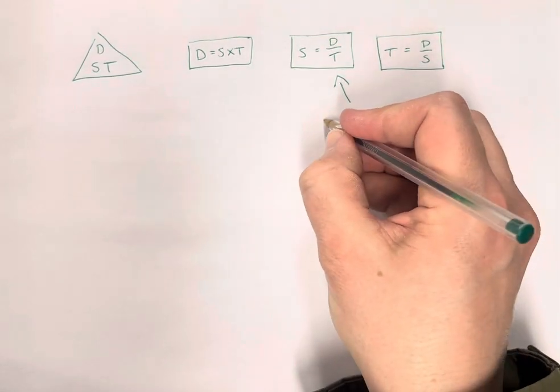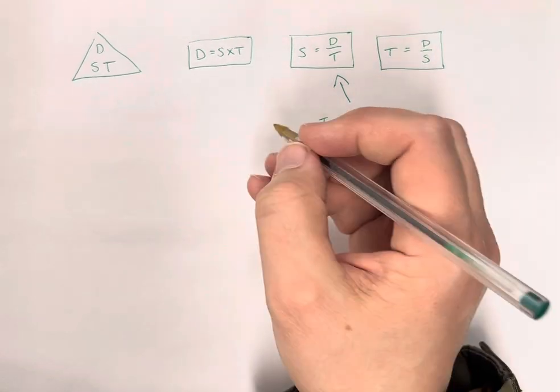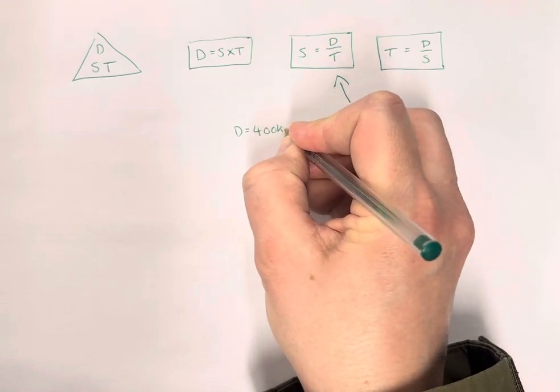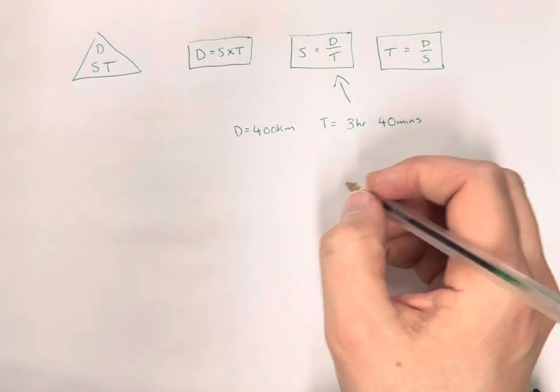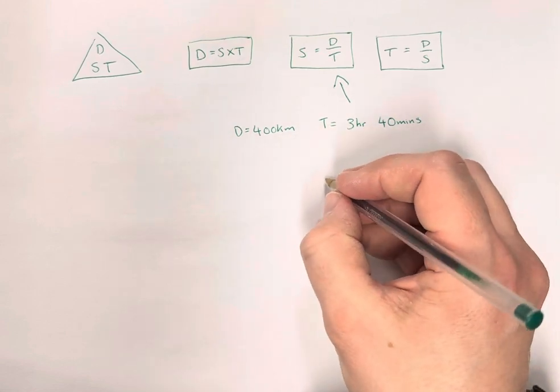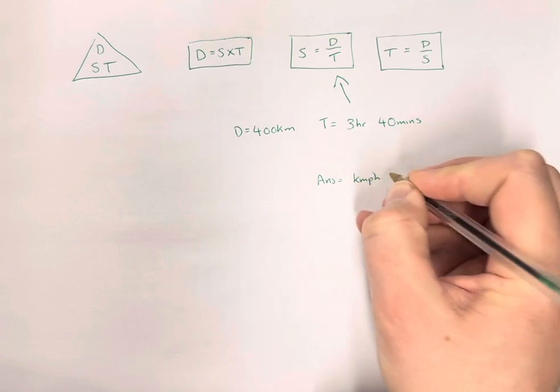So we know the time that it took, and we know the distance they traveled. So let's say the distance they traveled was 400 kilometers. We're trying to find the speed, and the speed will be in kilometers per hour. So our answer is going to be in kmph, all right?